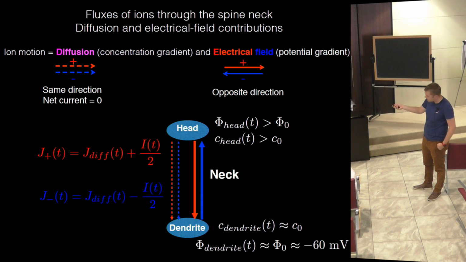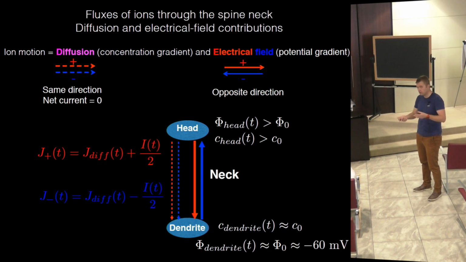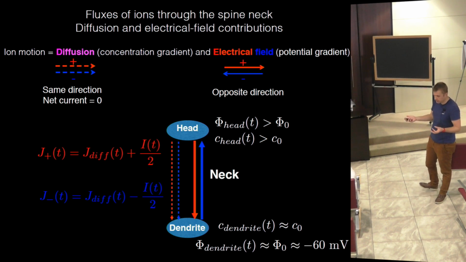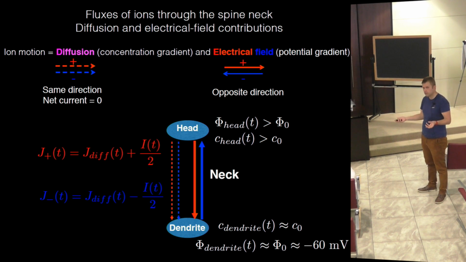So initially, because this is a current, this current is going to be very large, and the diffusion is going to be negligible. I'm going to introduce the notion that in this type of process there are two time scales: a time scale of diffusion, which tends to be around 100 milliseconds, and a time scale of electrostatics, which is in microseconds.